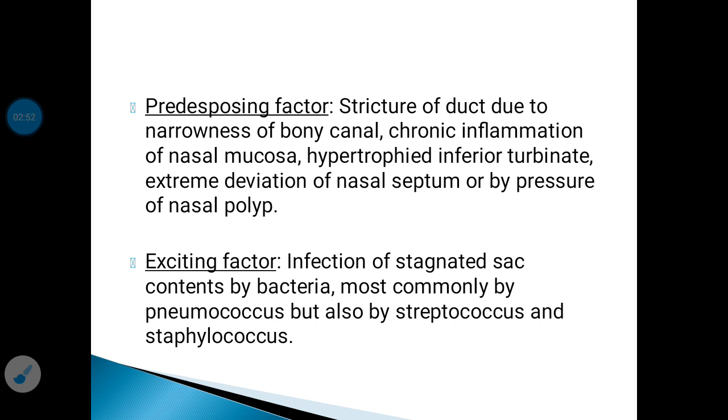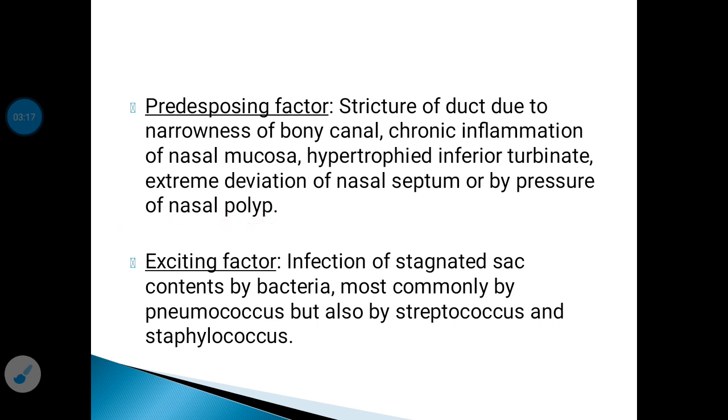The predisposing factors for development of primary dacryocystitis, especially chronic, are stricture of the duct due to narrowness of the bony canal, chronic inflammation of nasal mucosa, hypertrophied inferior turbinate, extreme deviation of the nasal septum, or pressure of a nasal polyp.